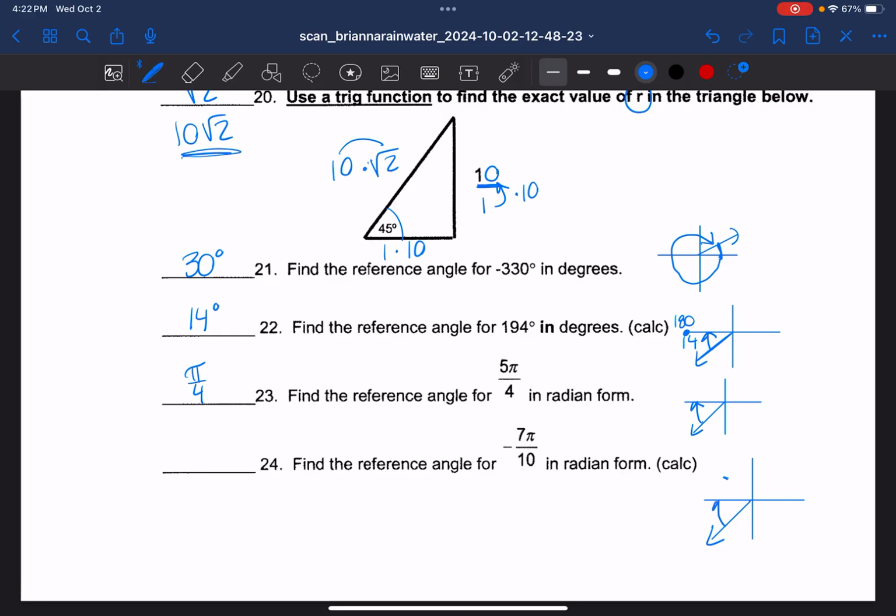And I just, again, need to find the distance back to the x-axis, which is pi. So I would have 1 minus 7 over 10. And again, it's always positive. So our reference angle is 3 pi over 10.